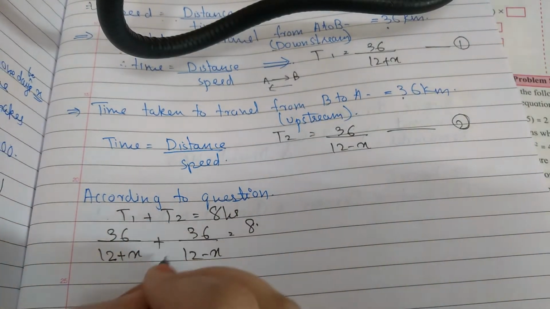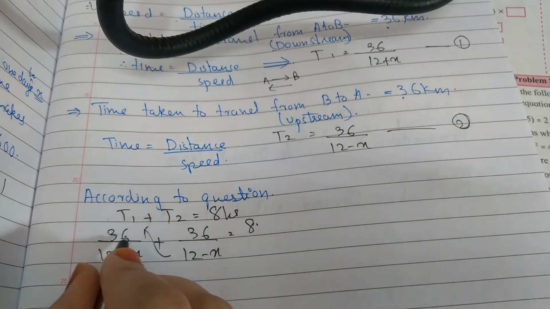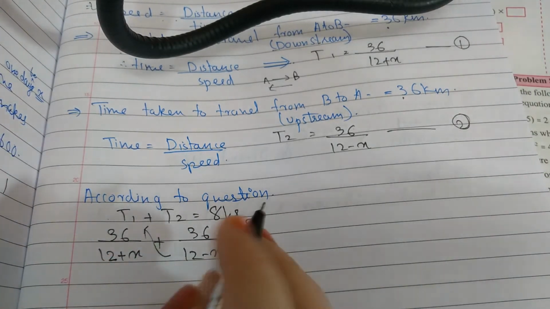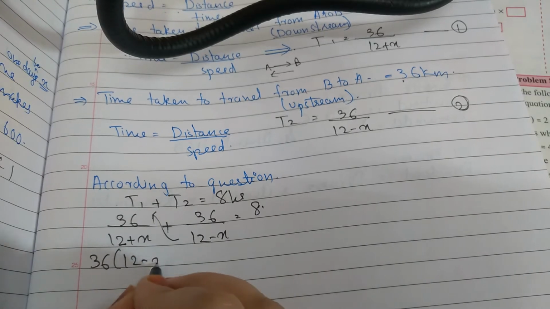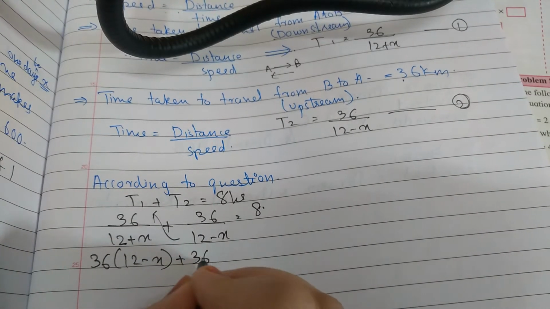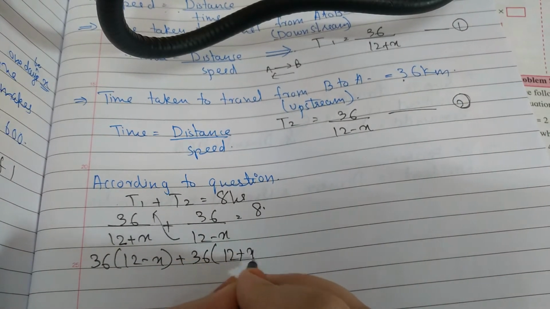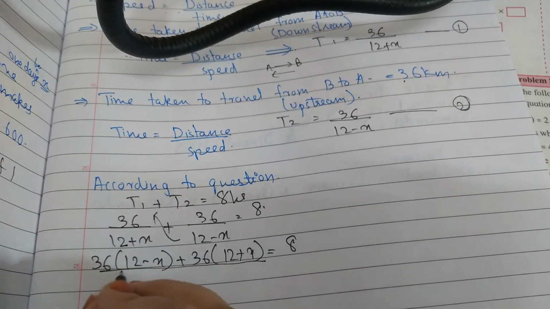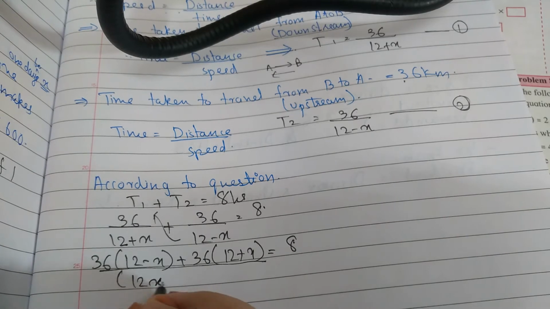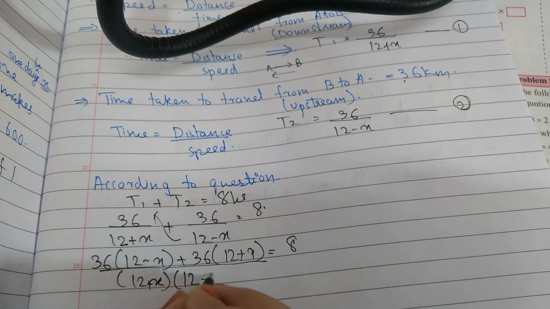Now we will do cross multiplication. 12 minus x multiplied by 36 and 12 plus x multiplied by 36. So this will be 36 multiplied by 12 minus x plus 36 multiplied by 12 plus x is equal to 8, divided by 12 plus x multiplied by 12 minus x.